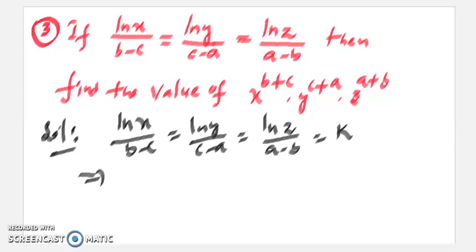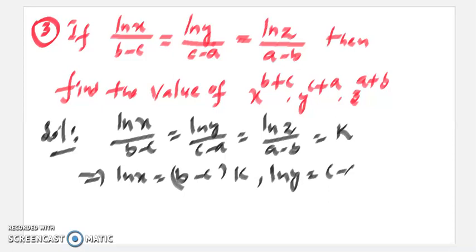So from that, ln x is equal to b minus c into k, ln y is equal to c minus a into k, ln z is equal to a minus b into k. So ln x by b minus c is equal to k means the denominator goes to the other side. That's why b minus c into k, like this the remaining two.